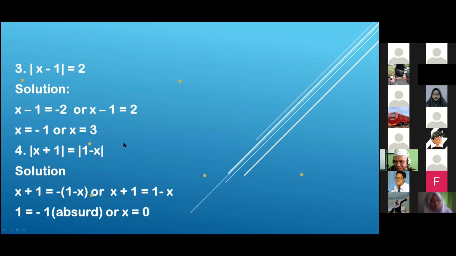Okay, you understand? Once again, I repeat. If you find a question like this, you can divide this problem into two cases. First case, x plus 1 equals negative 1 minus x, or x plus 1 equals 1 minus x.